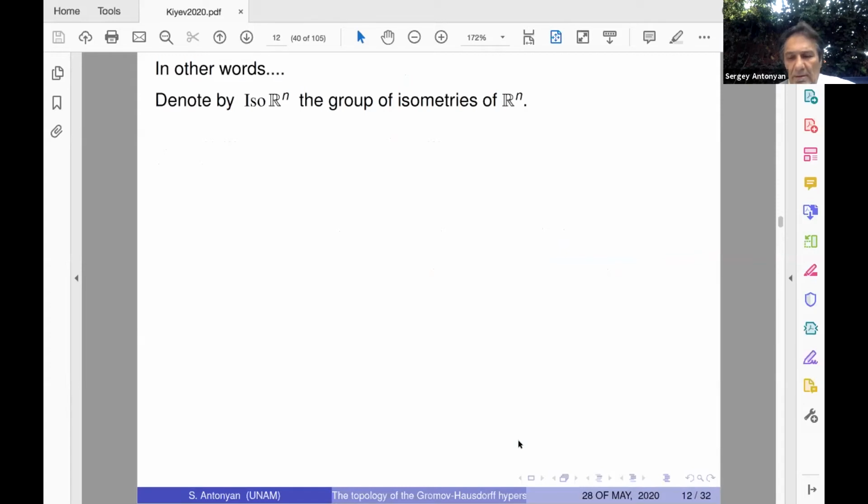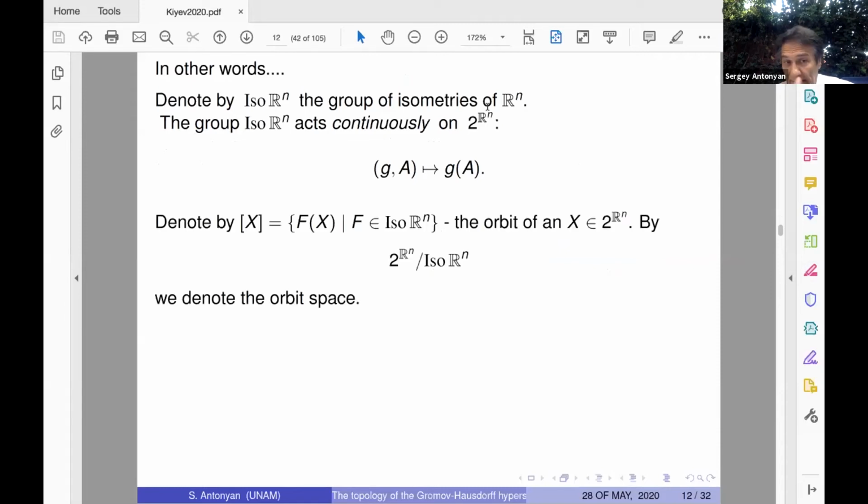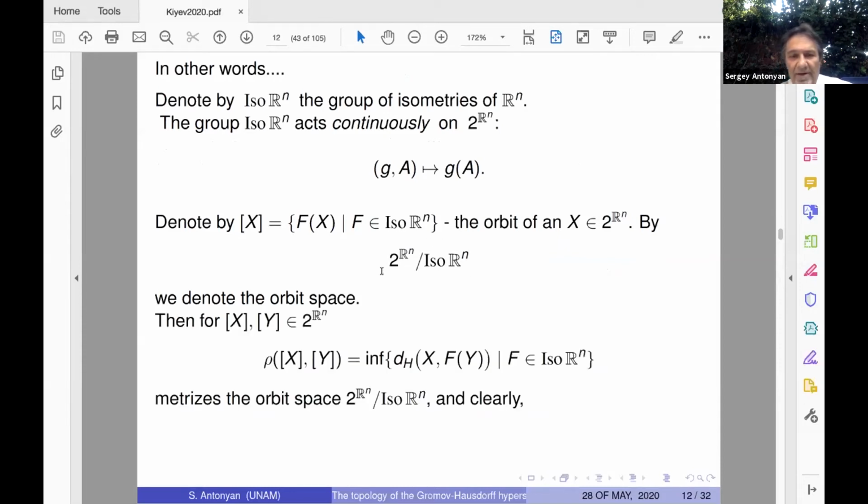So we consider the isometry group of the Euclidean space. Then this isometry group naturally acts on the hyperspace of the Euclidean space. Similarly, we can consider the orbit space under this action on the hyperspace of Rn.